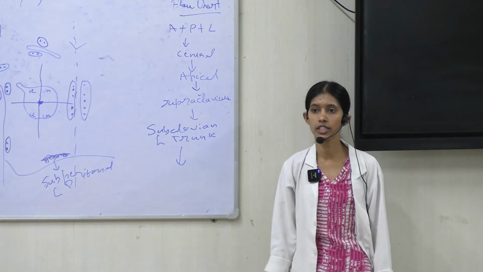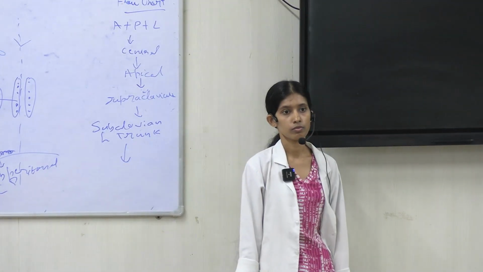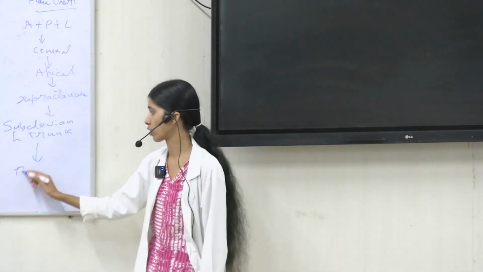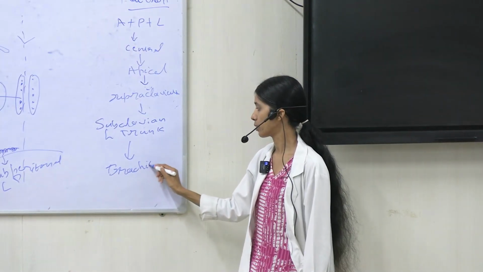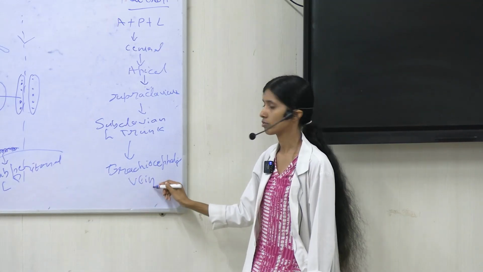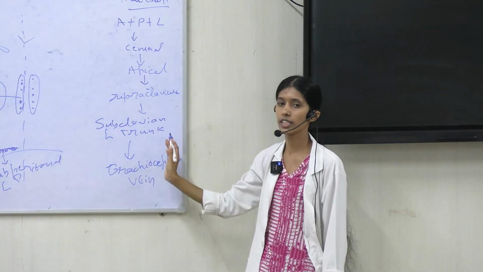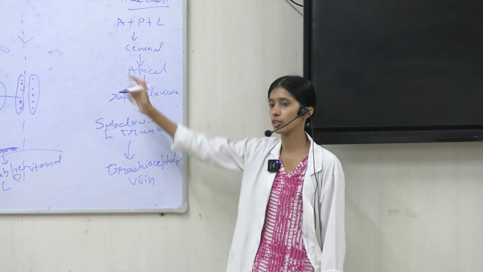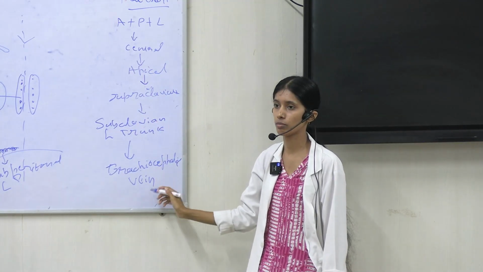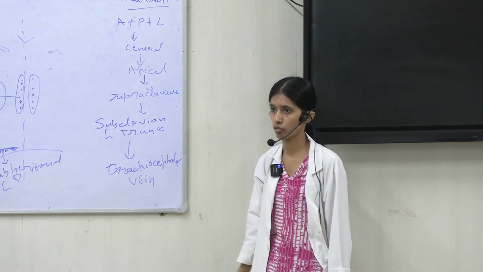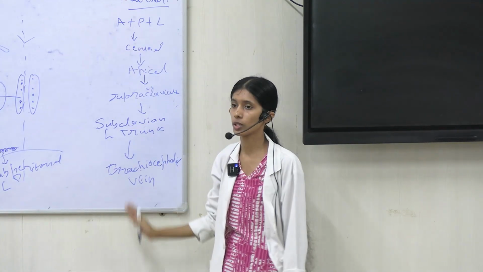From the trunk, it will drain into your brachiocephalic vein, respectively from the right side and also from the left side. The left side lymph will drain into the left brachiocephalic vein, and from the right side it will drain into the right brachiocephalic vein. This is how the flow chart of your lymph node will go.